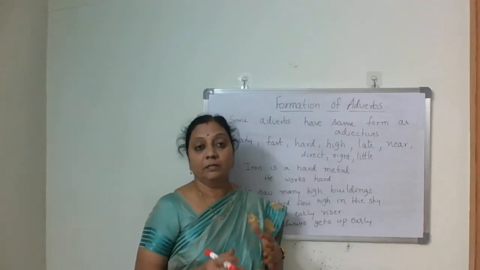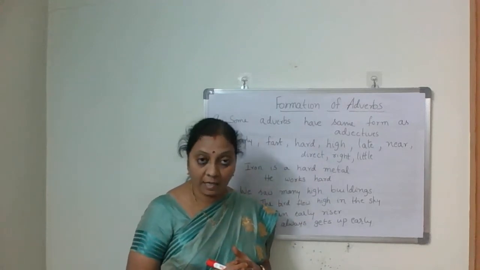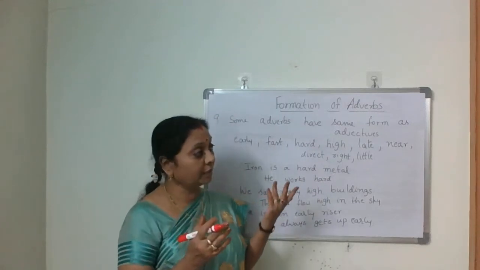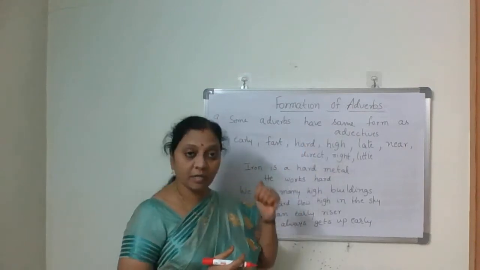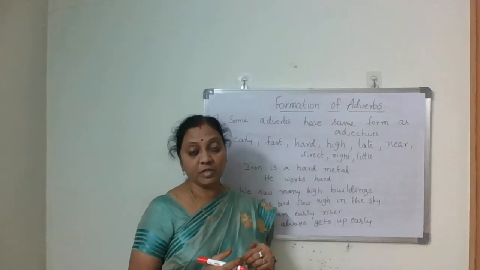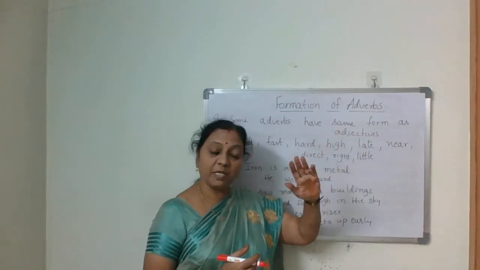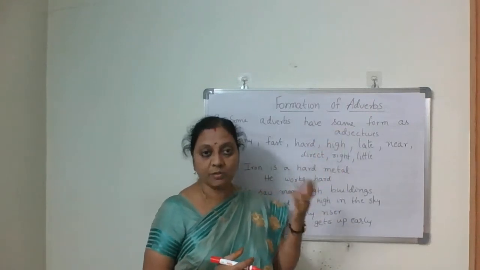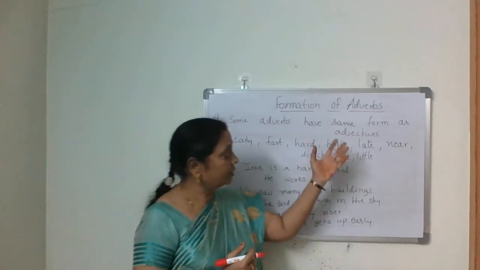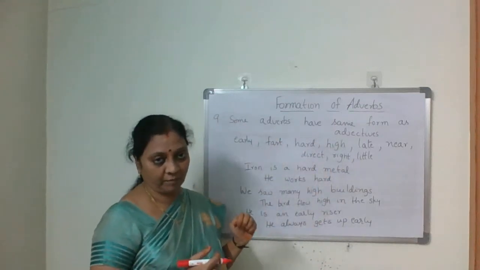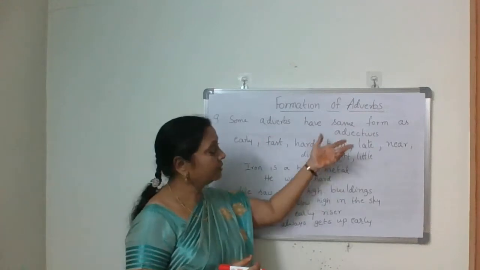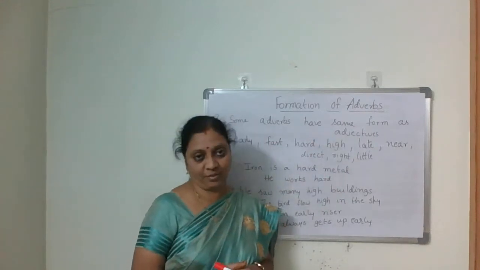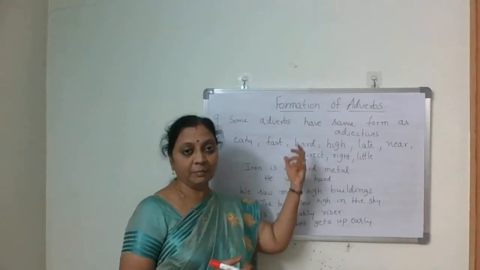We are doing the parts of speech, adverbs. We have finished types of adverbs and we are doing formation of adverbs. We completed eight patterns of formation, and today we look at the ninth one. What is that? Some adverbs have the same form as adjectives. What do you mean by this?